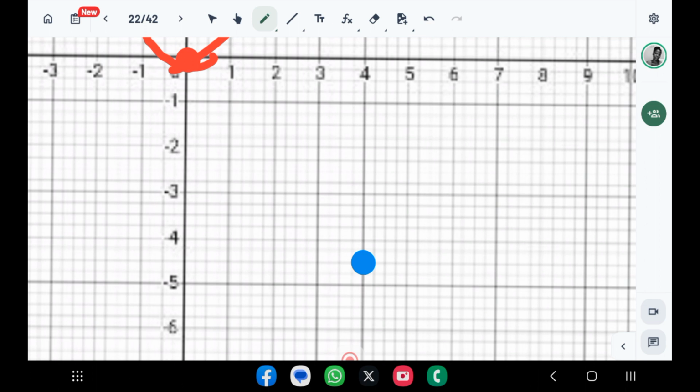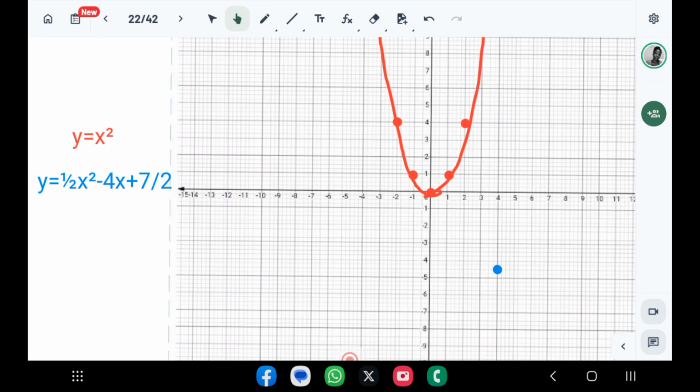Right there it is, and that's the turning point. Now let's draw the axis of symmetry, because that's exactly where the turning point is. And there is our axis of symmetry. Now we know that the graph is going to look up.